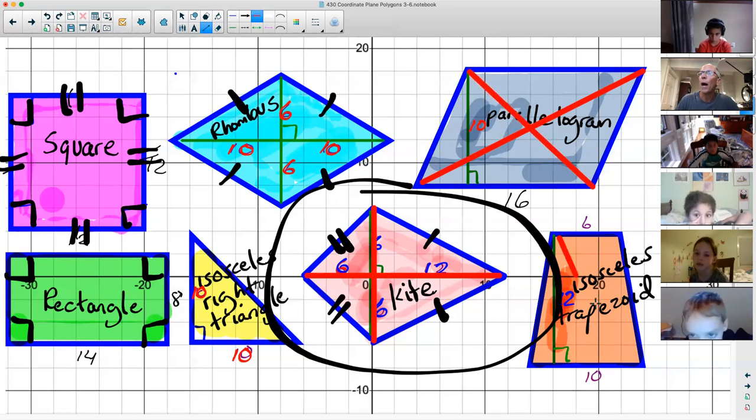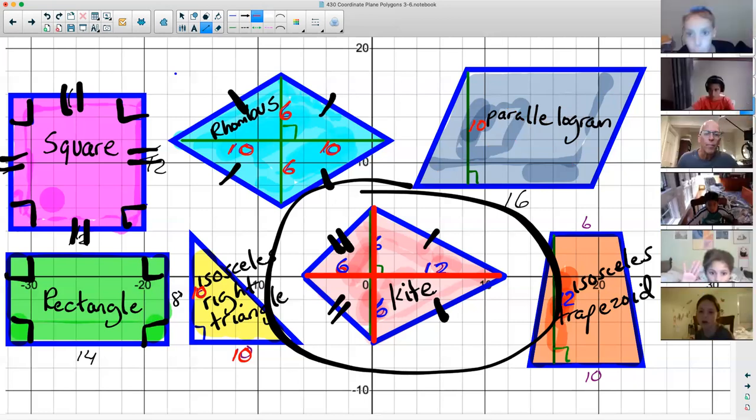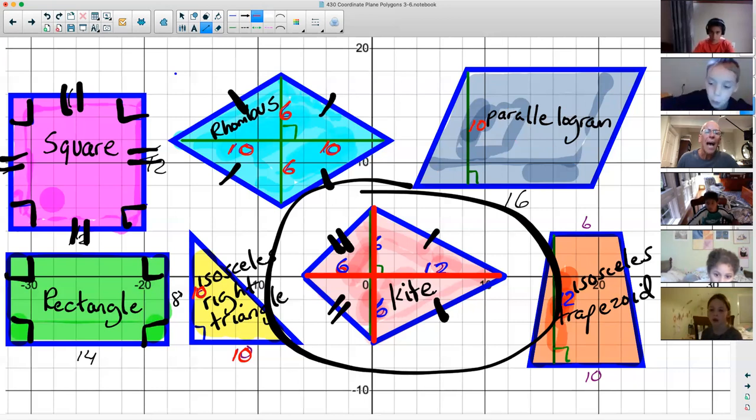It's true about an isosceles trapezoid. So those are really great observations, but there's something really special about the angle created by, and James, go for it. That is true. Guys, look at this. James is right. They are all right angles.